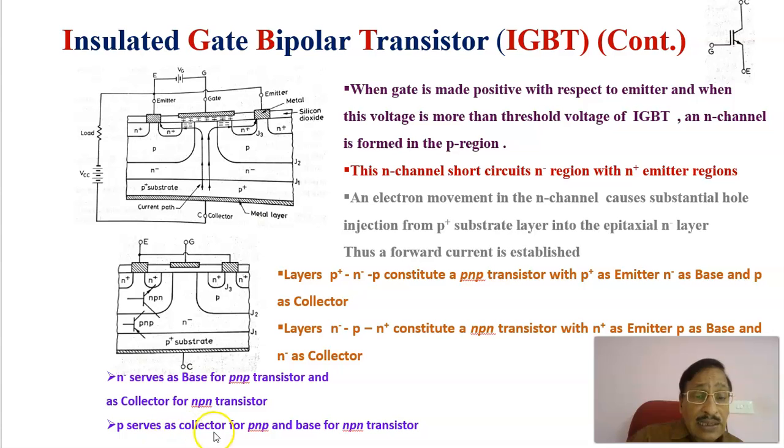Similarly, P serves as the collector for the PNP transistor and the base for the NPN transistor. Therefore, internally you can analyze this as two transistors, one a PNP transistor, the other an NPN transistor. This is the structure of an IGBT, and internally it is as if there are two transistors, PNP and NPN.